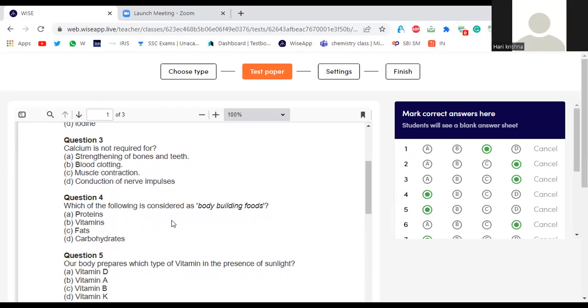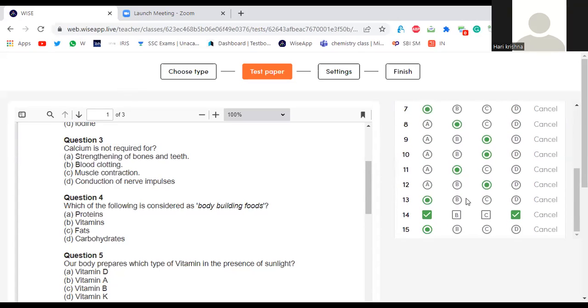First you have to click one, then click the other, then it will be two options. When I click the other option, it gets changed, sir. Okay, first click, then it will be cancelled. Yeah, I got to know. I know that the 14th question is the one with two correct answers. You have to click both options A and B, then only you get the right answer.